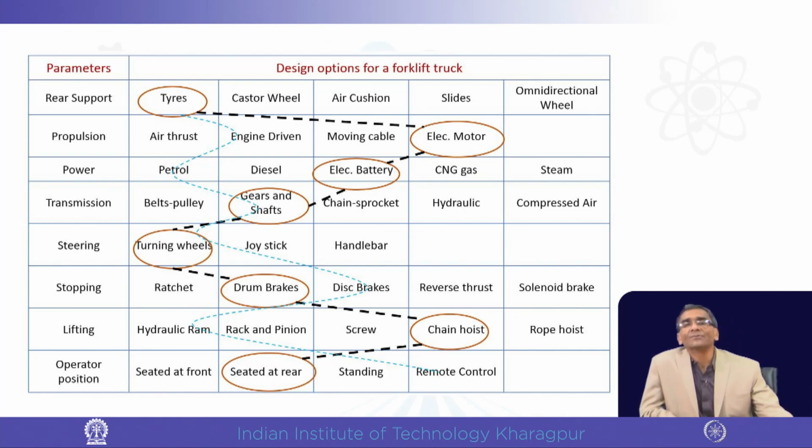So, from this what we realize is that this can create multiple alternatives in the design. And when you are saying multiple alternatives, it is shown with two, but for a large system it may actually be more.